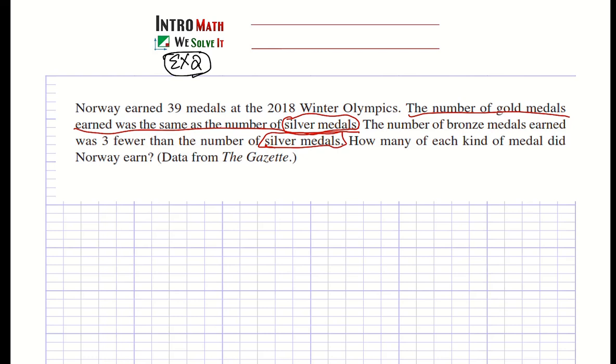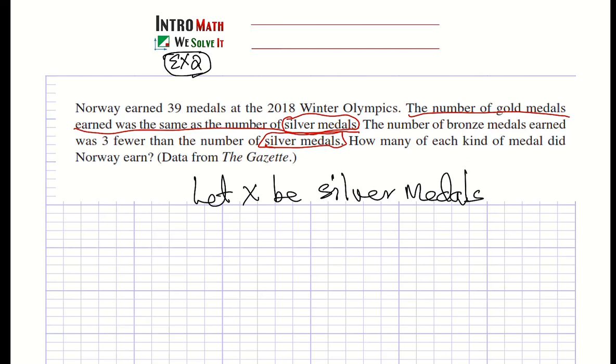So the way we'll start, our cue is silver medals, right? So we're going to say let x be silver medals. The number they want there, the number of silver medals. And then based on what it says, the number of gold medals was the same as the number of silver medals.